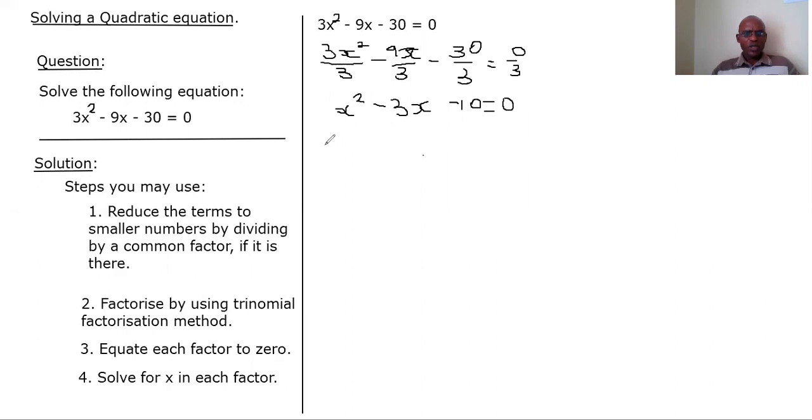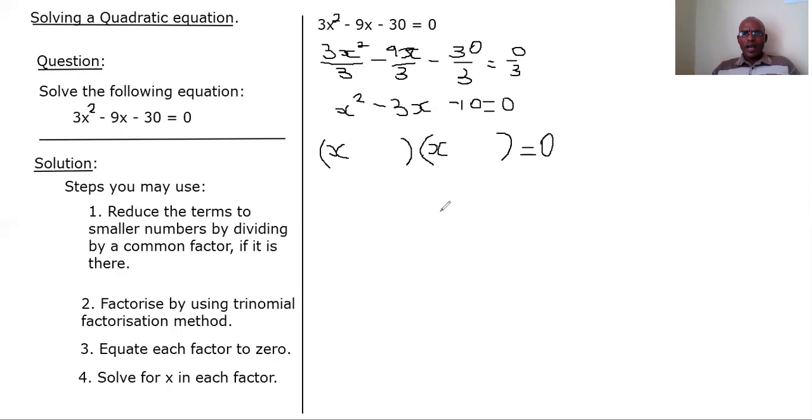So by using the trinomial factorization method, I'm going to distribute the x that I am squaring to come up with x squared. It is a perfect square for me, so I'll just distribute it into 2 brackets. We are going to have 2 answers or 2 roots.